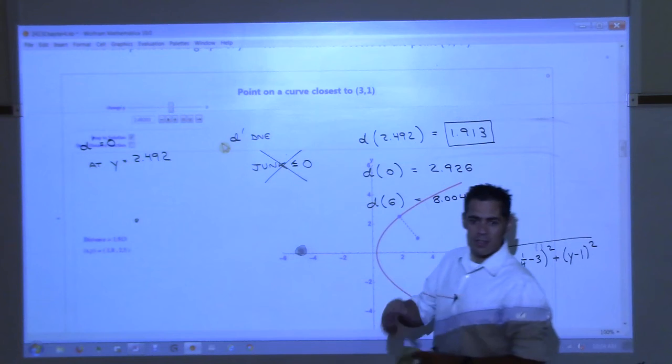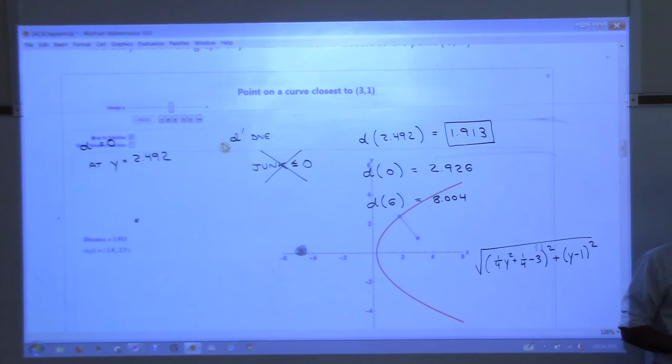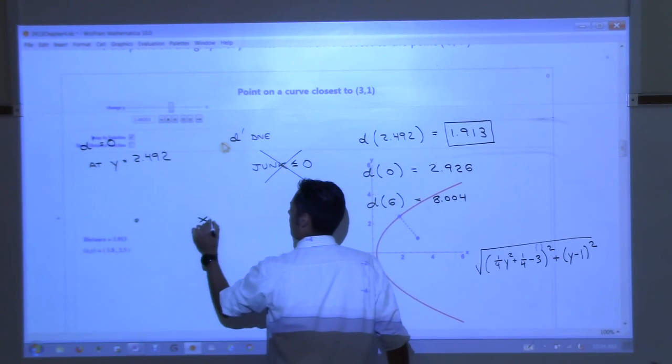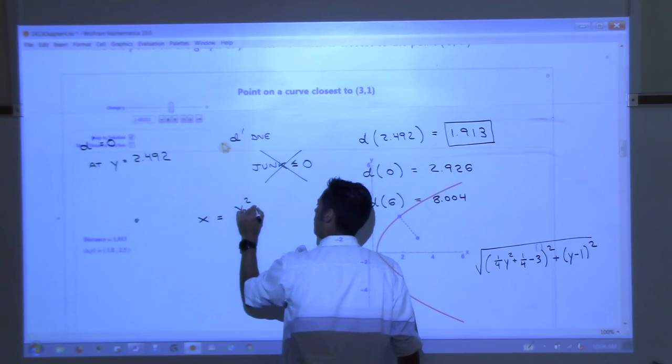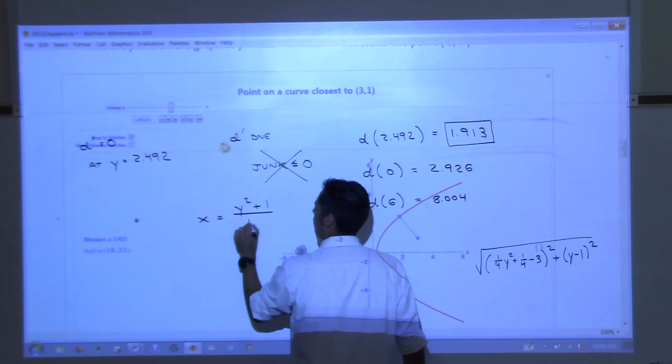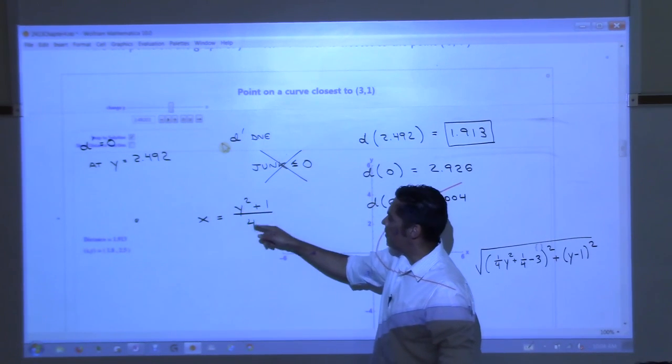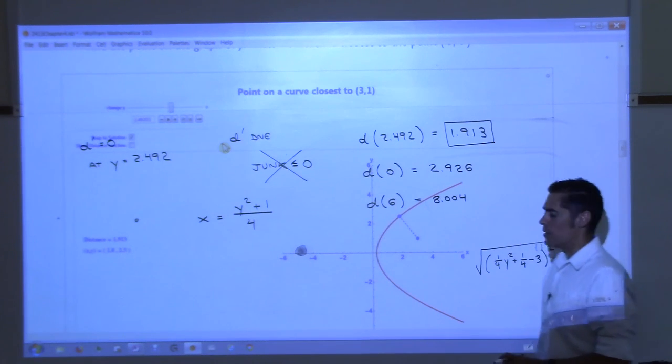So how do we get the x? Well, go back to your constraint. Your constraint had x equals, yeah, x equals y squared plus 1 over 4. So if you just plug in 2.492 into here, square it, add 1, divide by 4, that'll be your x-coordinate.